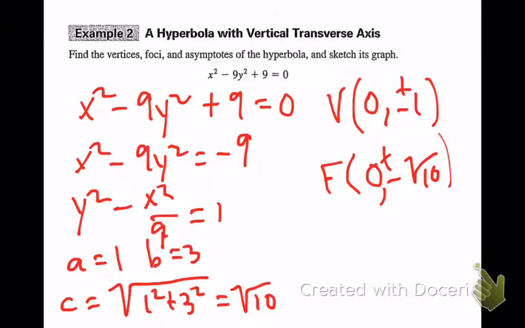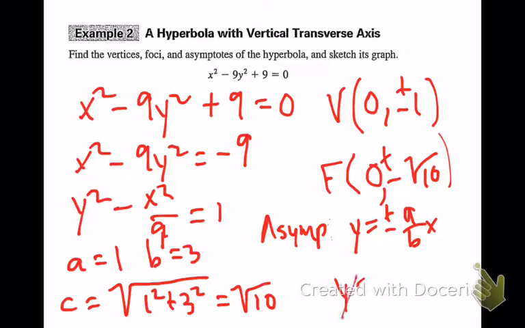So then my asymptotes, since it's a vertical, are going to be y equals positive and negative a over b x. So that's y equals positive, negative, okay, a is 1, b is 3, 1 over 3 x.